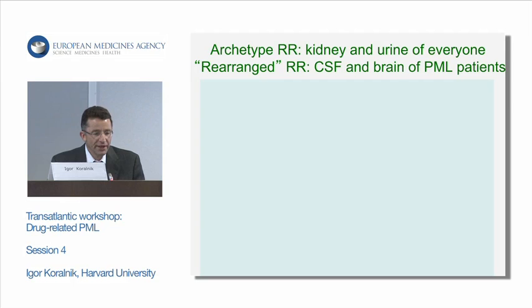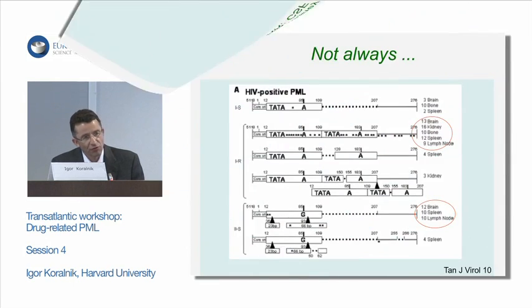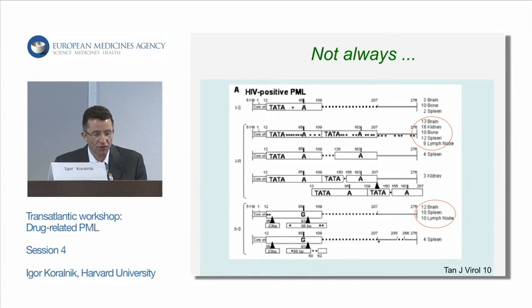It's not always the case, and if you look hard enough and do a lot of cloning and sequencing of multiple clones of the regulatory region in various patient specimens and samples, you will find that sometimes you find tandem repeat forms in extraneural sites of HIV-infected patients with PML, for example, and sometimes you also find the archetype form of the regulatory region in the brain of patients who have developed PML.